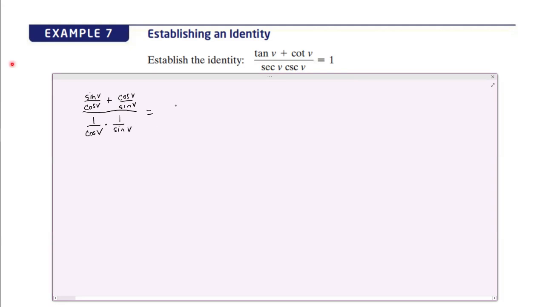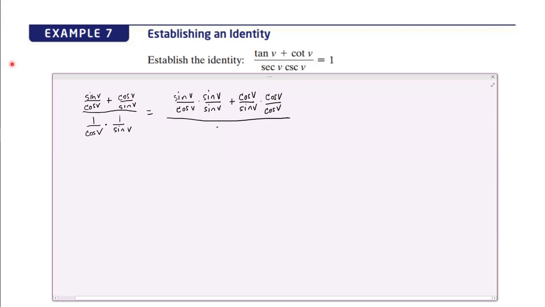All right, and then on top, I'm going to rewrite it with a single common denominator. So I'll have to multiply the left by a sine v over sine v and the right by a cosine v over cosine v. So we end up with sine v over cosine v times sine v over sine v. And then here I get cosine v over sine v times the cosine v over cosine v.